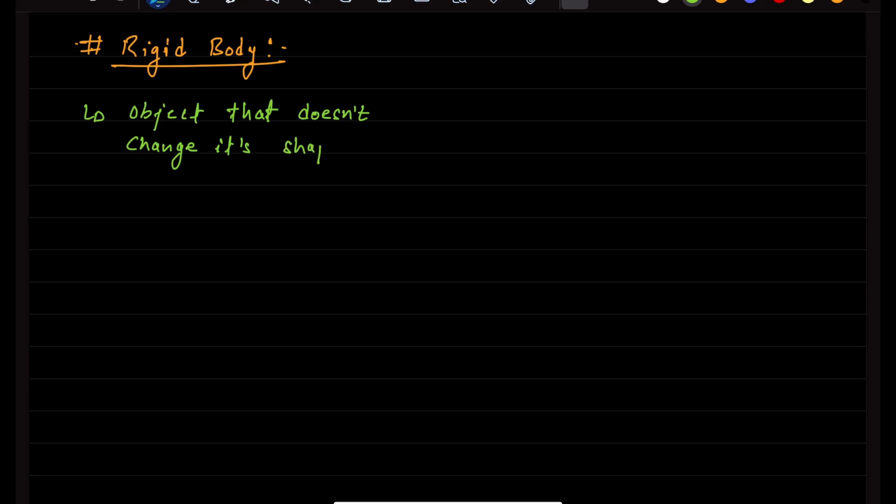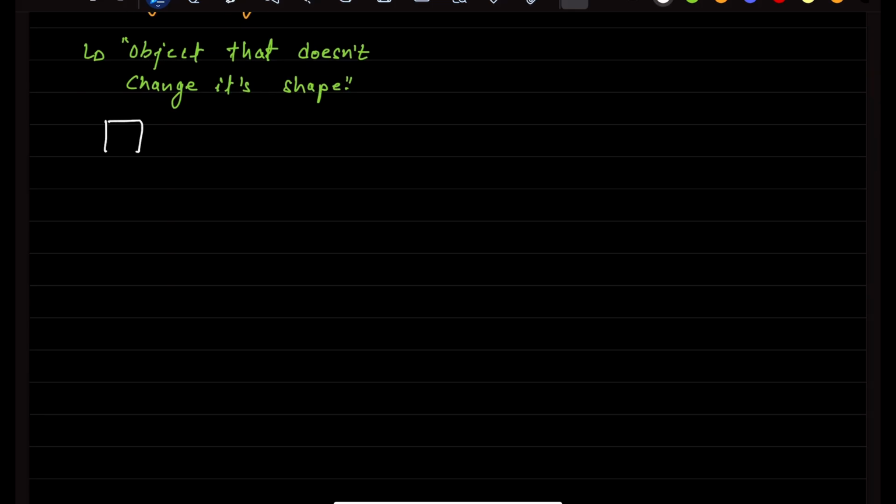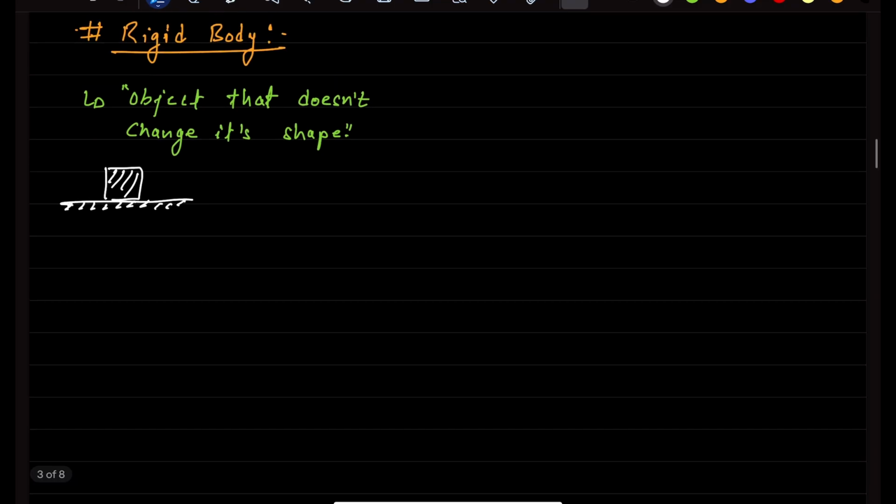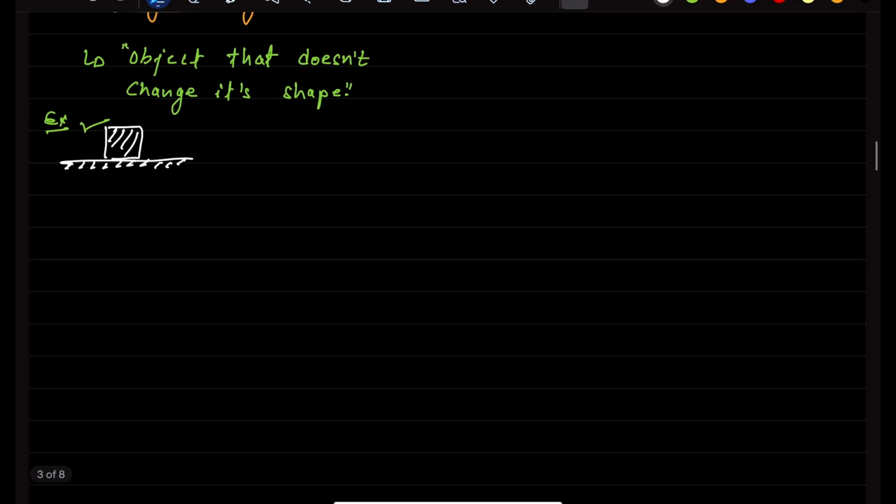In the same way, if you take two blocks which are connected through a spring, then you cannot say that this is a rigid body. You can define a rigid body like this: objects that don't change their shape. So these objects are called rigid bodies.